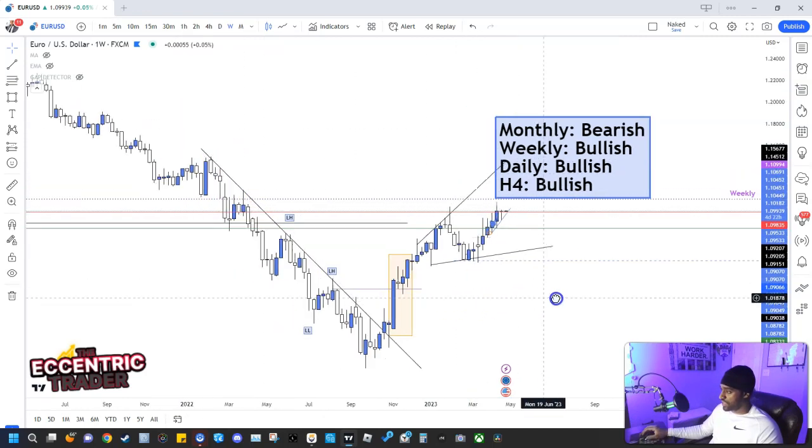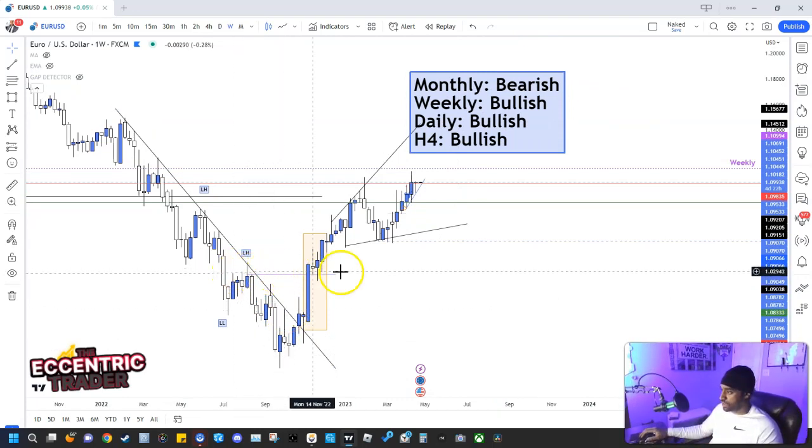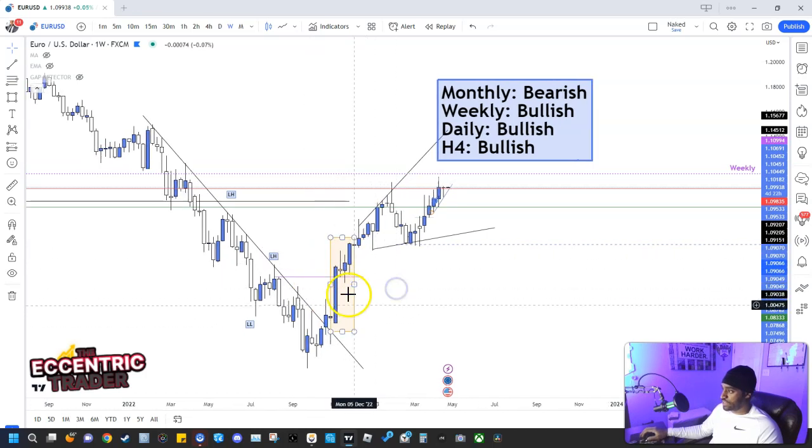So you want to find the relative lower high, the last lower high, and mark it off, and you want to find the candles that broke that lower high or that level of resistance, and we're marking it off right here. 1, 2, 3, 4. If you're conservative, 4. Some people probably use this candle, so 1, 2, 3, but 1, 2, 3, 4, right? And you should see higher highs and higher lows to confirm that break, right?